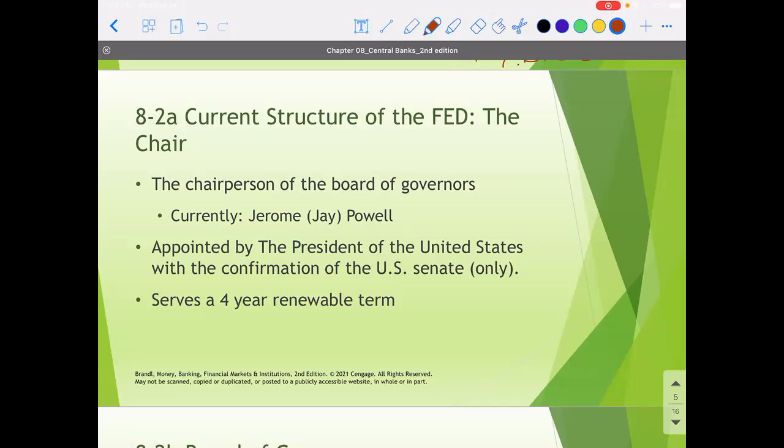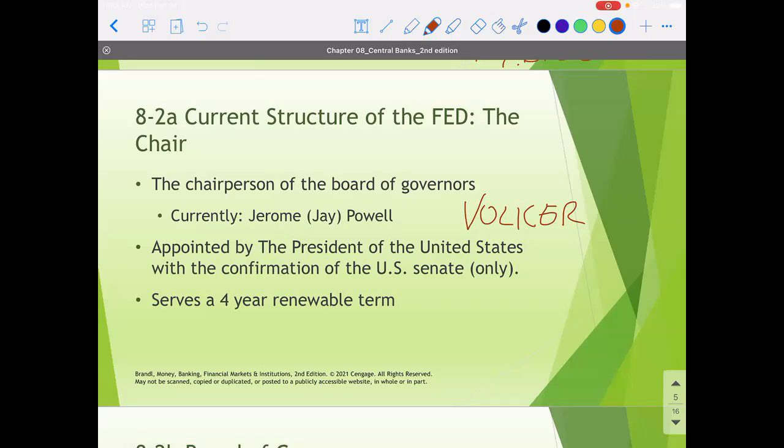Before Janet Yellen was Ben Bernanke, and before Ben Bernanke was Alan Greenspan. The person before that was probably the best Federal Reserve chairperson ever, Paul Volcker, who passed away not too long ago.